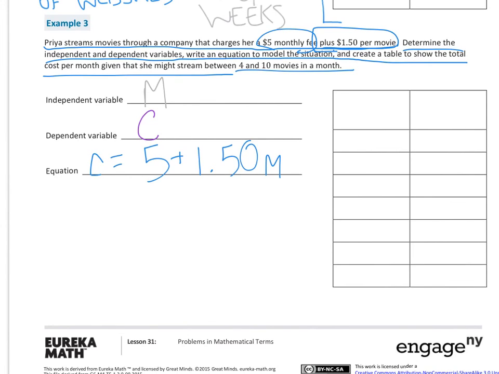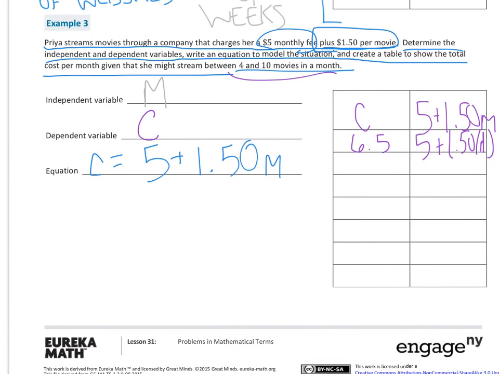So we have C equals 5 plus 1.50M. So let's see, if M is 1, then we have 5 plus 1.50, and then C would be 6.50.